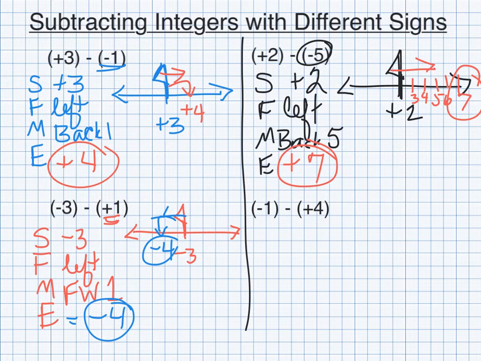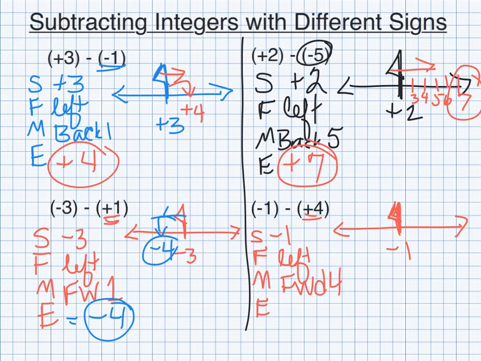My next problem, again, I'm going to start, face, move, end. I'm going to start reading left to right at negative 1. There's my number line. Negative 1 is in the center. I'm facing left because I'm subtracting. There I am to the left. And now I'm going to move, this is a positive number, so I'm going to be moving forward 4.